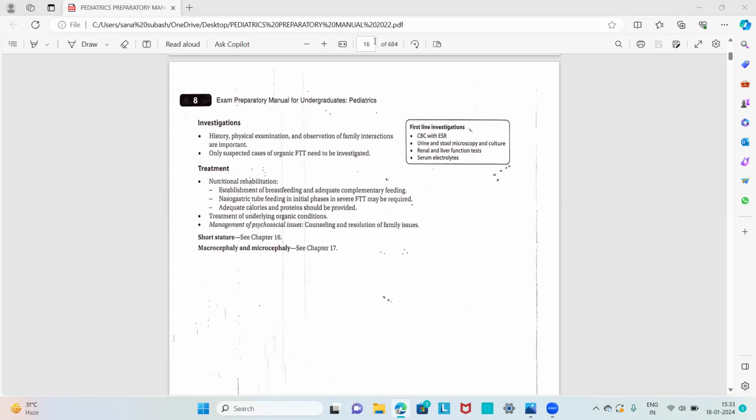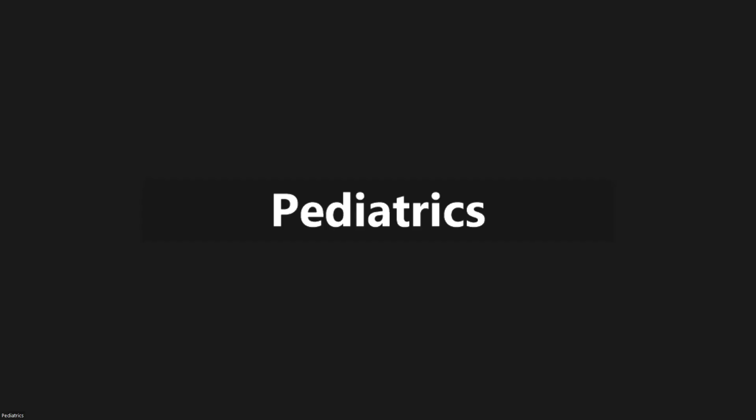So microcephaly is defined as an altered head circumference. That is, the head size is less than normal. It is called microcephaly. That is, head circumference -3 standard deviation of the mean.